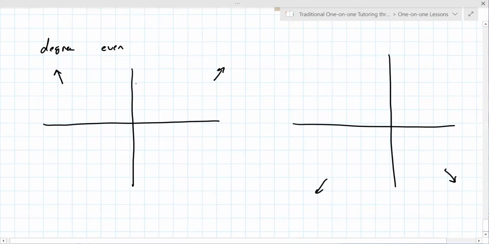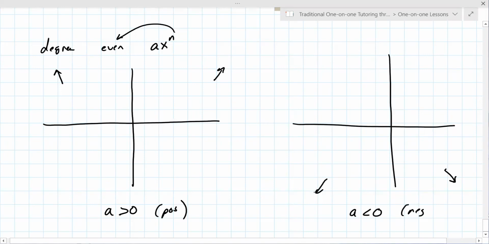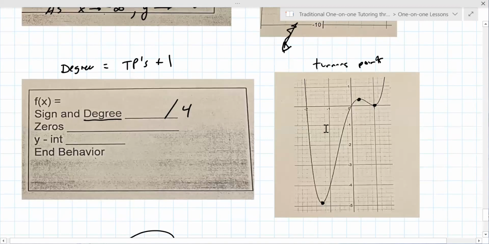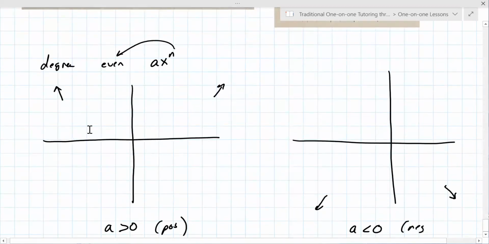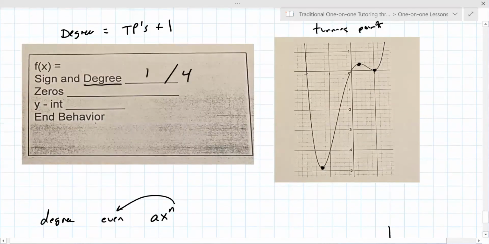These are of the form a x to the n, where n is even. It starts high and ends high if a is greater than 0, if a is positive. If a is less than 0 or negative, then you get this behavior over here. Your graph on the right resembles this one on the left. So that means the leading coefficient is positive. The sign is positive.